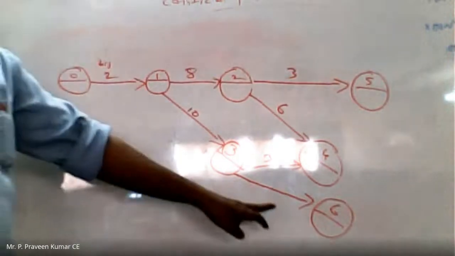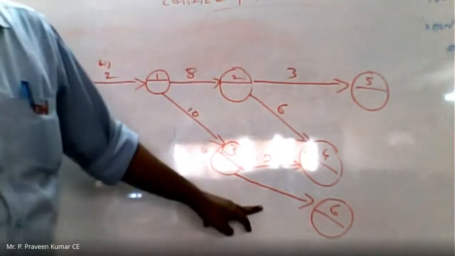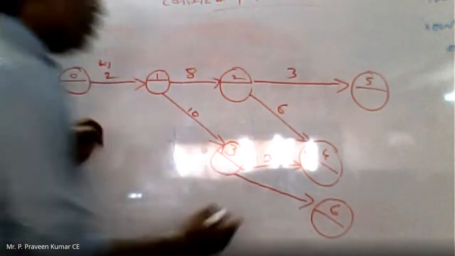Now you can observe 3 to 6. What is the duration time for this 3 to 6? 7 is the duration time.